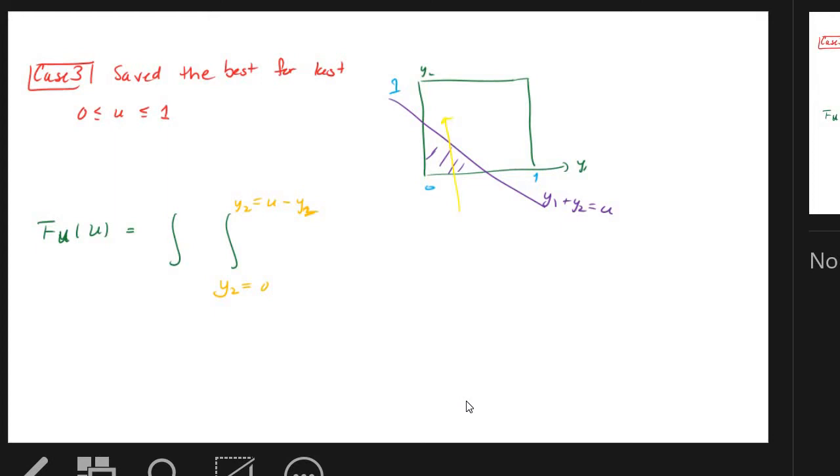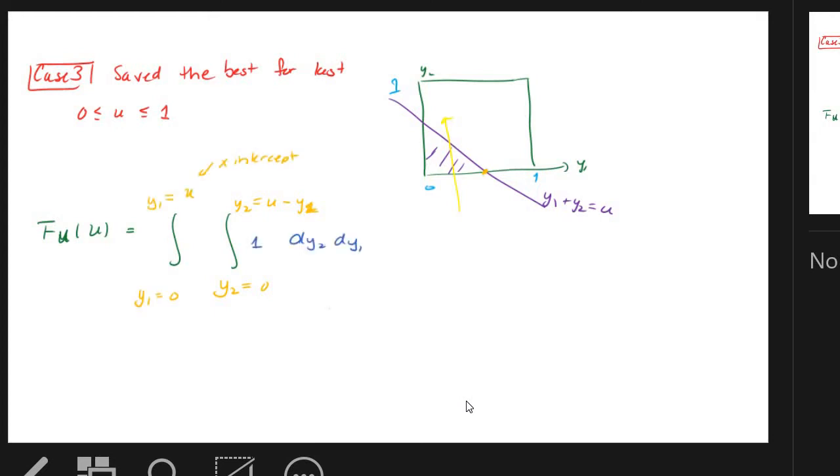So this is a double integral, if I want to calculate this thing. This is u between 0 and 1, because this purple line stops being a triangle right as it hits the intercept 1. Got it? Are you guys just nodding your heads, or am I explaining okay? All right, so if I do my integration, I shoot the arrow: y2 goes in at 0, y2 goes out at the formula for that line, which is u minus y1.